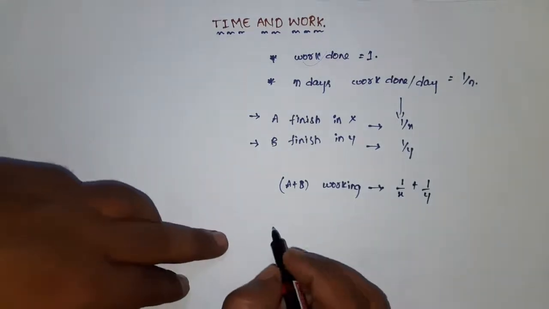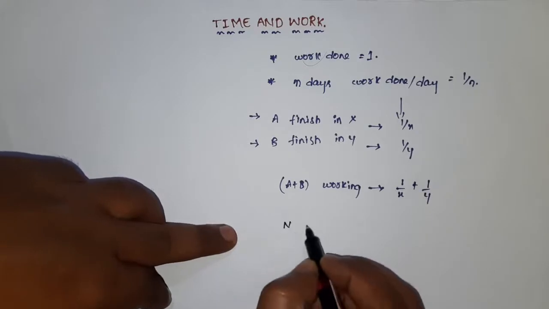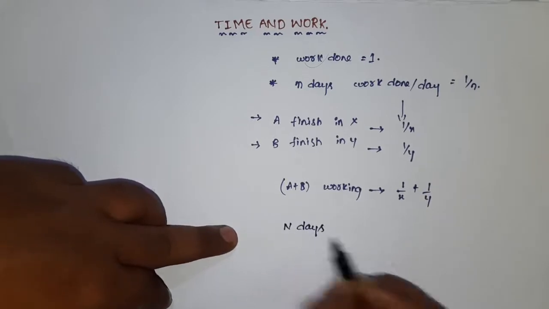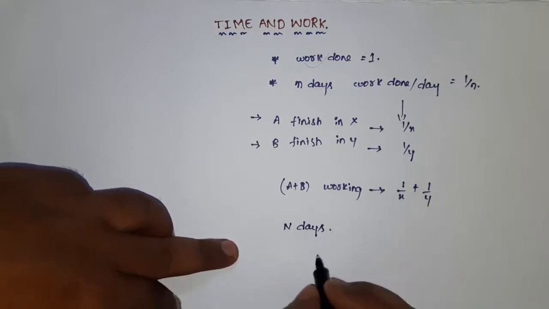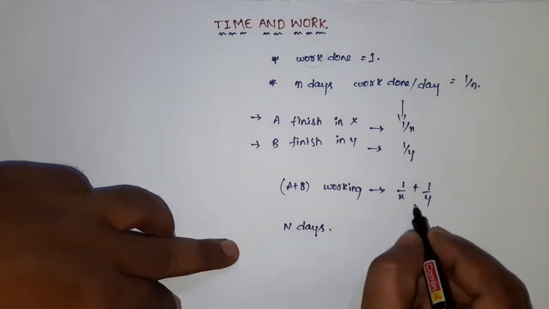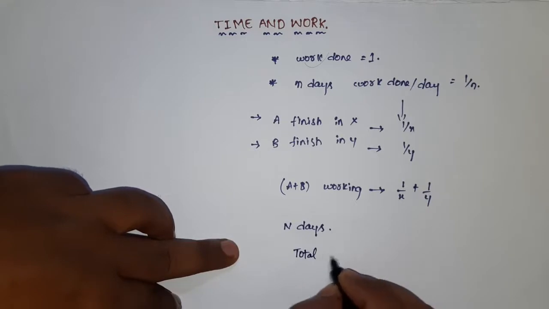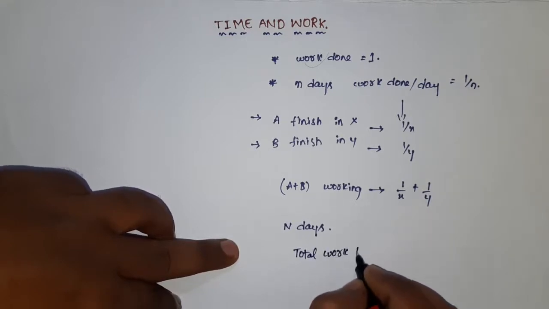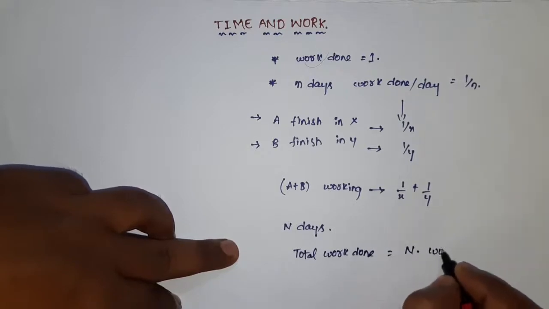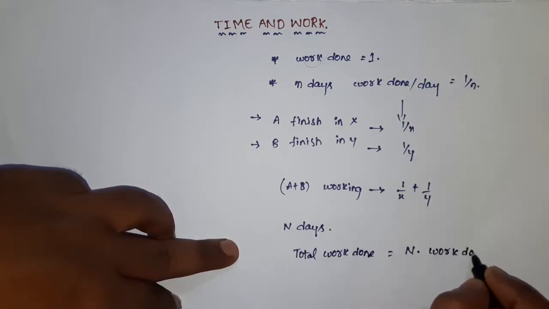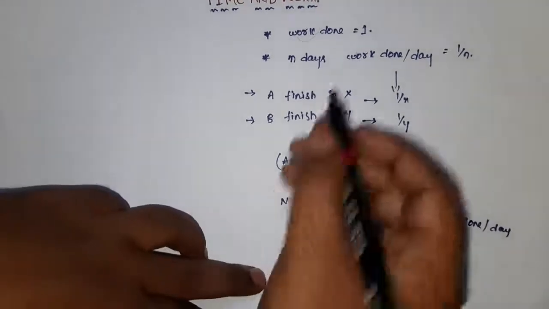Suppose they have finished the entire work in n days. The total amount of work done is the number of days into work done per day. What is the total work done?